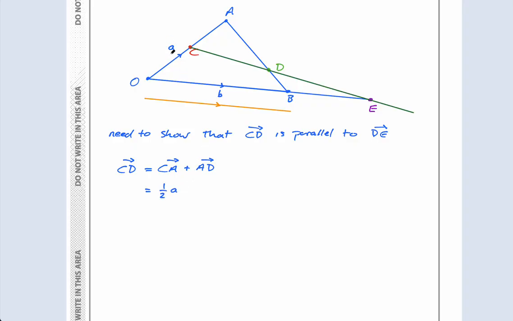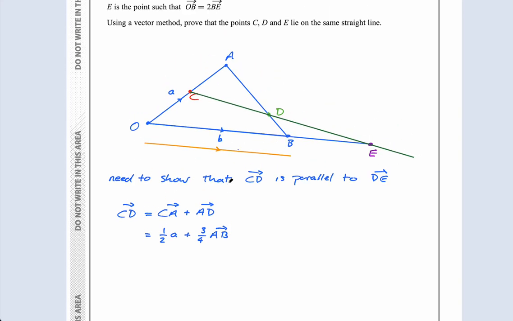It's a half little a because we said C was in the middle of this line, which is OA. So CA is a half of a. AD is 3/4 of AB.